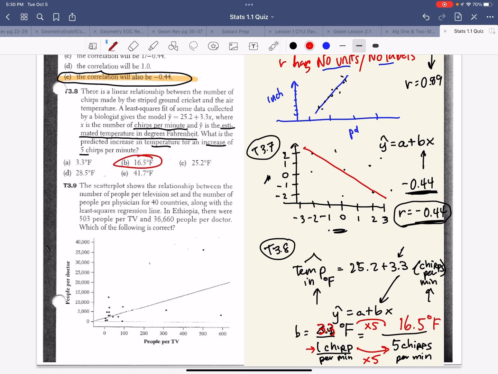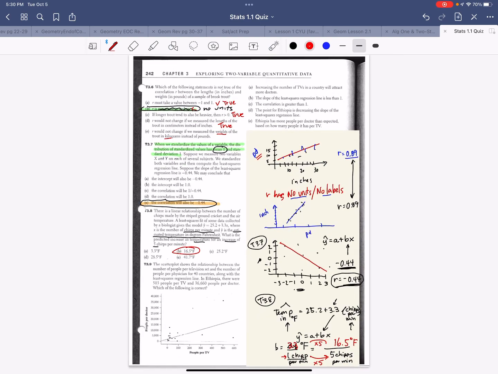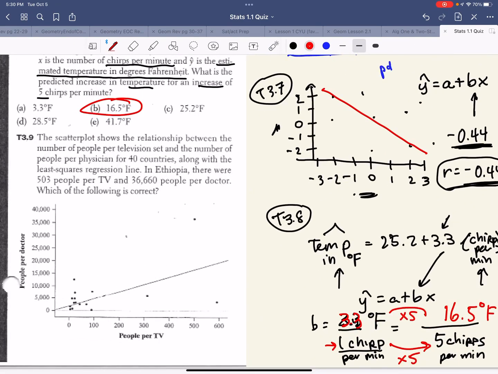Cool. 2 more. Let's see. 3.9 says, a scatter plot shows the relationship between the number of people per TV and the number of people per physician. Interesting.